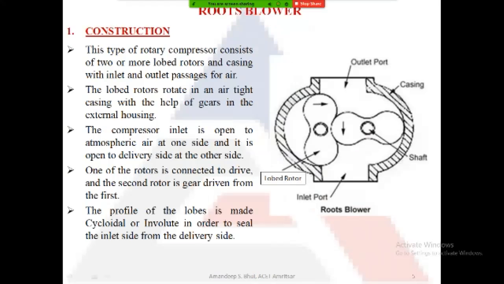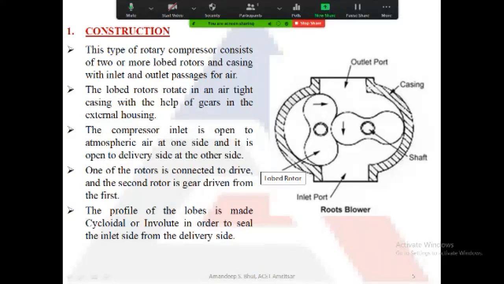The profile of these lobes is made cycloidal or involute, in such a manner that at each rotation point, the lobe is in contact either with the casing or with the other lobe. So there is always a pocket of air on each side of the lobe, and it is always in contact on the opposite sides with either the casing or the other lobe.